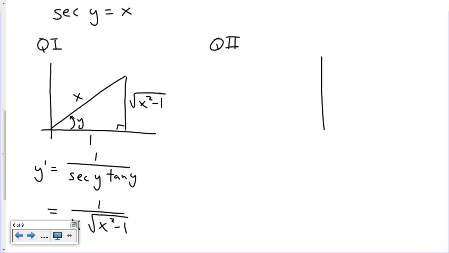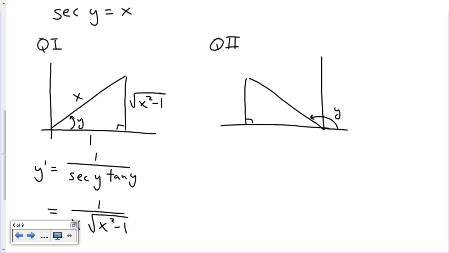So let's sketch an angle or a triangle here in quadrant 2. Now the angle y here is actually this angle, because it's got to be an angle that's in quadrant 2. It's got to be between pi over 2 and pi to get in quadrant 2. But the triangle we can construct with its reference angle would be this triangle.